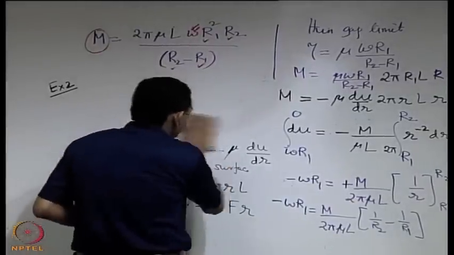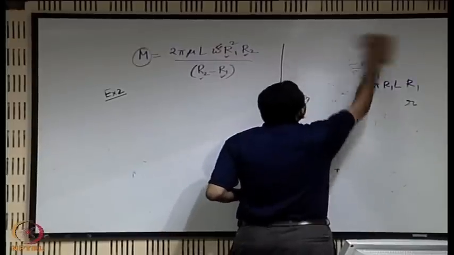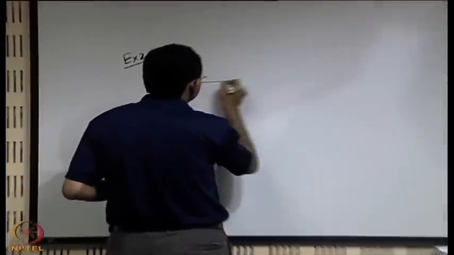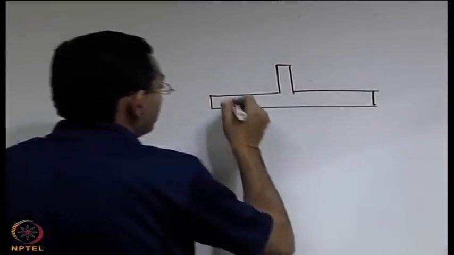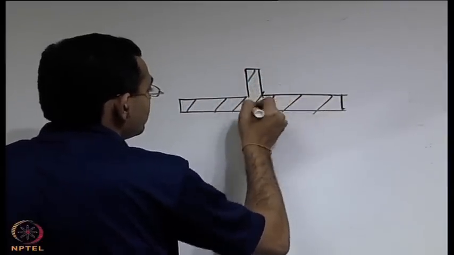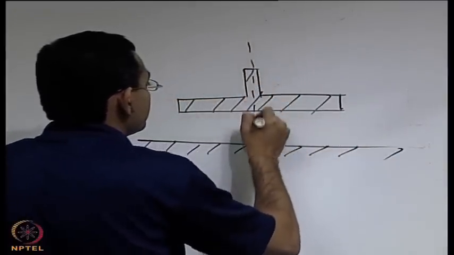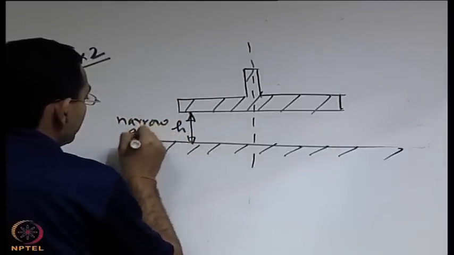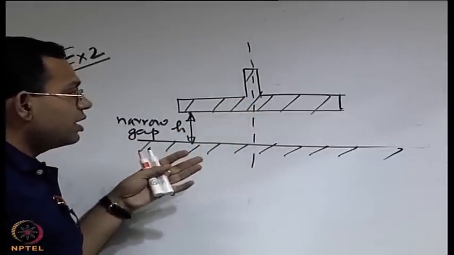Let us consider a third example. We considered that there are two plates, for example two circular plates.